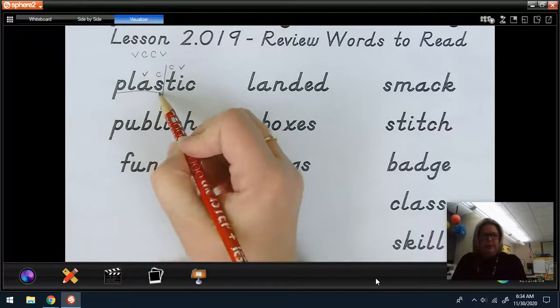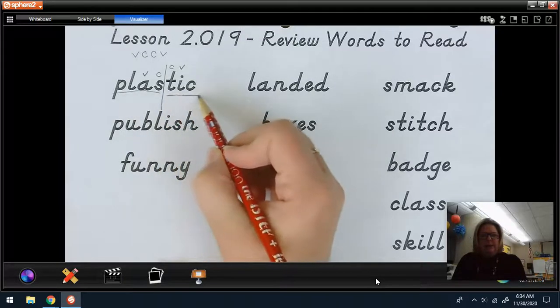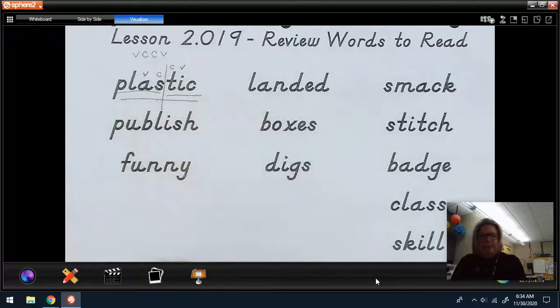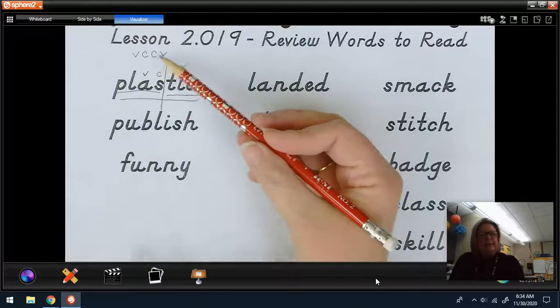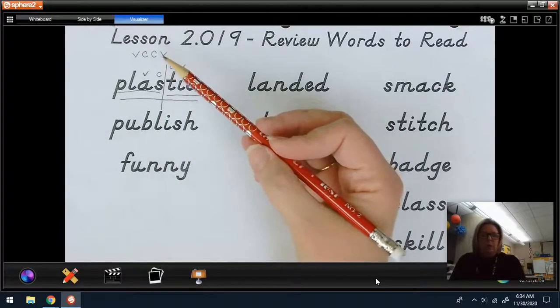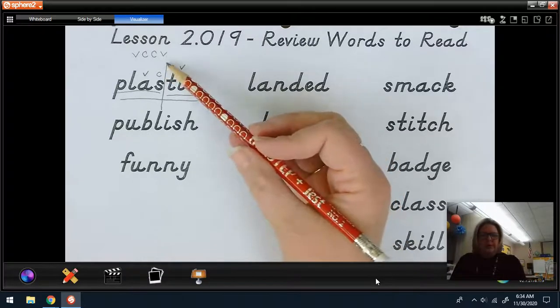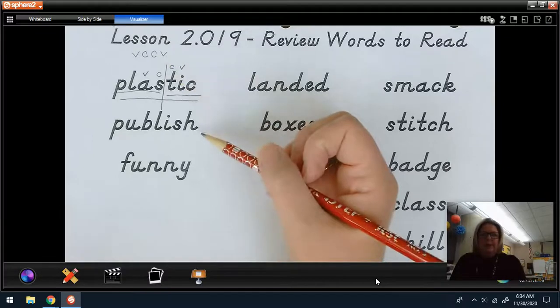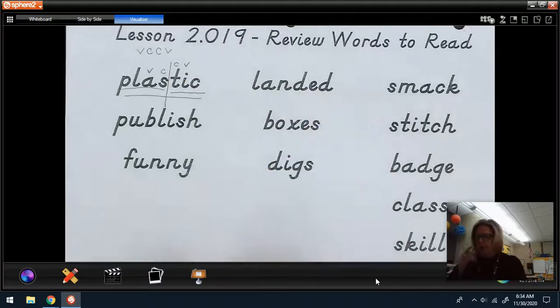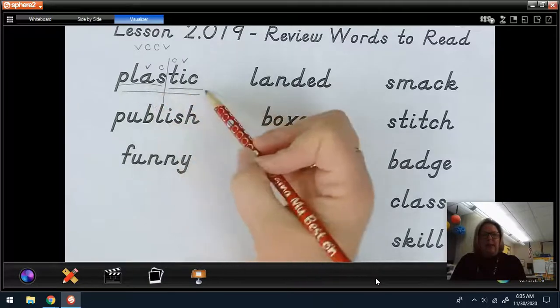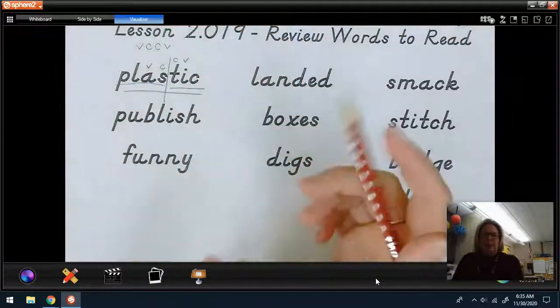This first syllable is plas, and this last syllable is tic. Plastic. So the VCCV rule, if you can label your word with those letters, then you know it's going to be a two-syllable word. So it will have two parts. So this one is plastic, two parts.